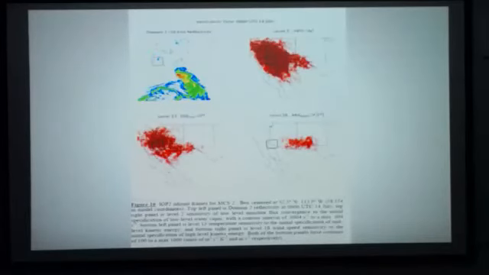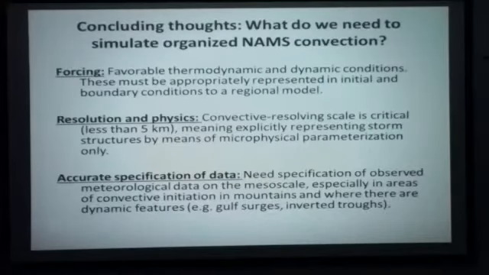Some concluding thoughts: to simulate organized convection, we need favorable thermodynamics and dynamics accurately represented in the initial and boundary conditions of a model. Then we need a convection-resolving scale to explicitly represent the storm structures, rather than by means of microphysical parameterization only, and accurate specification of observed data on the mesoscale, particularly where convection initiates in the mountains and where there are dynamic features.